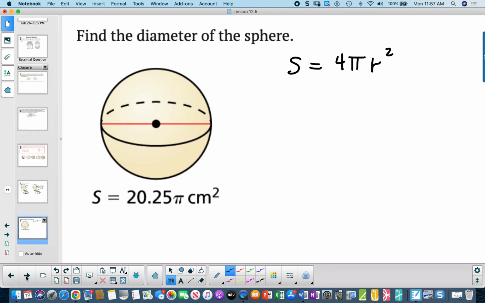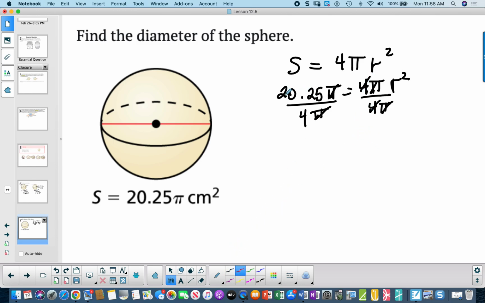Let's now find the diameter of the sphere. So this is the backwards problem. 20.25 pi equals 4 pi r squared. So I'm going to divide both sides by 4 pi. The pi's are going to reduce. And then I'm going to take the square root of both sides.